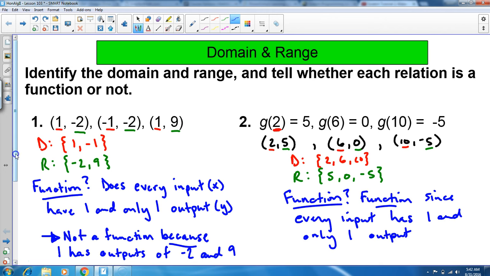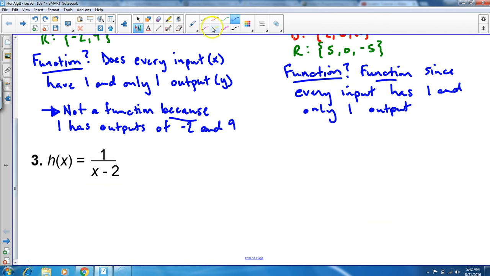Alright, so those are the easy ones. Down here a little bit more challenging. I want to think a little bit more abstractly on this one. So what we have here is kind of a funky function here. So in this function, what we want to do is we want to identify the domain. So remember, when we're talking about domain, we're talking about input values.